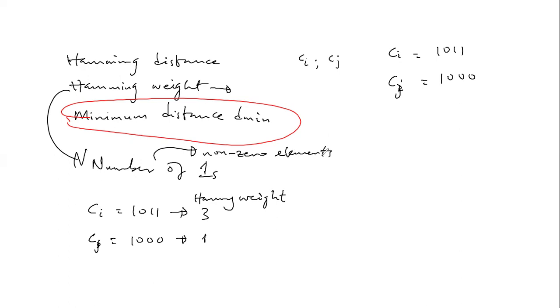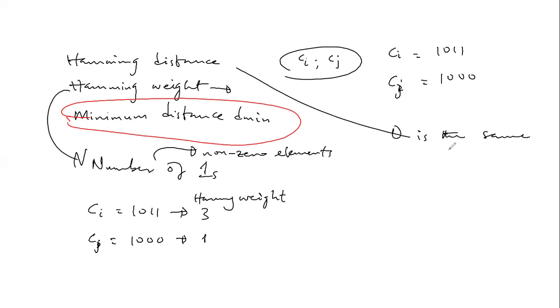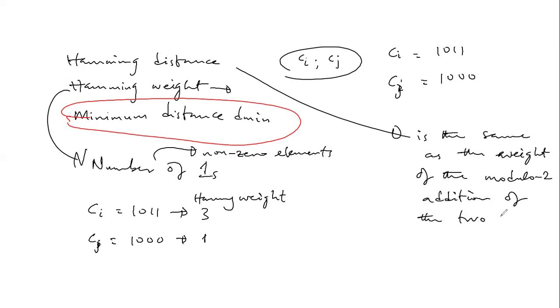So now the Hamming distance is the weight of the modulo 2 addition of the two code vectors.